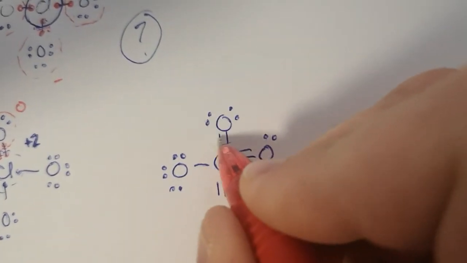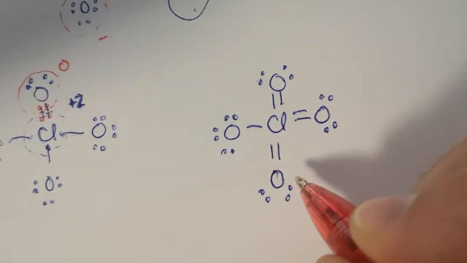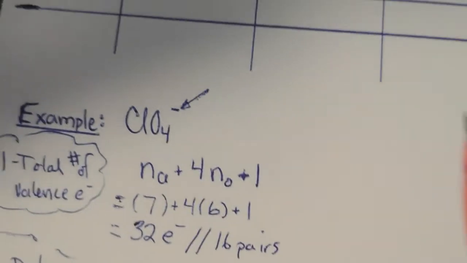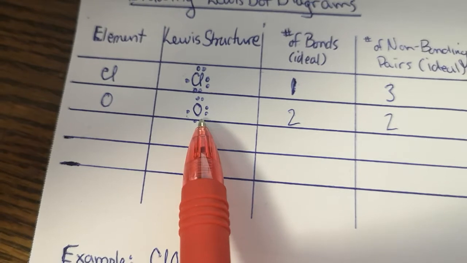You'll notice that we have no formal charge on the oxygen, no formal charge in the oxygen, and no formal charge in the oxygen. All three of these oxygens resemble the oxygen that we expect to see.